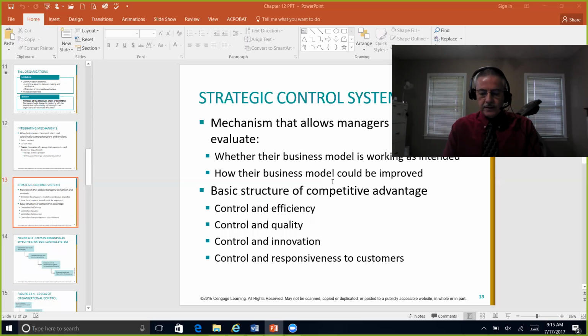And they go about doing this by creating strategic control systems. And these strategic control systems are just the way in which a company will develop key performance indicators or things of that nature by which they're going to monitor and evaluate whether their strategies are working effectively.